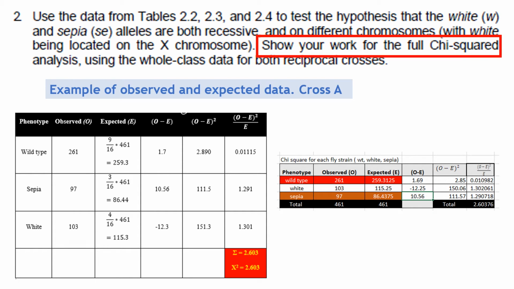So remember, you have to show your work for the full chi-square. In the Word document that I already gave you, in addition to this table with these 2 columns, I also made one where you can add all this information. And if you like Excel, I also created an example of the table that will help you do all the calculations. Make sure that most of the numbers adjust.